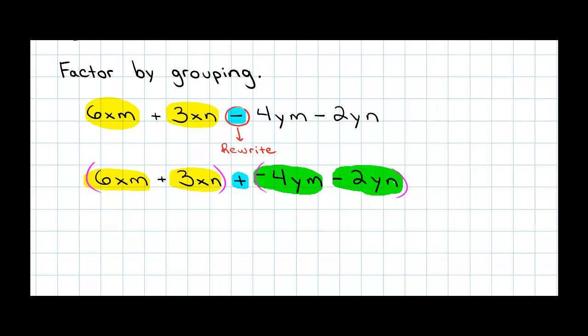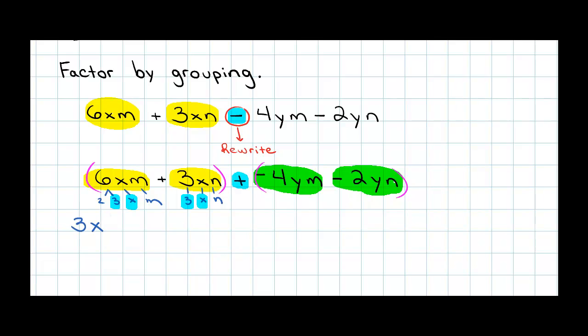Now what we're going to do is try to factor out the greatest common factor of the first 2 terms. I'm just going to quickly write out the factors of these so we can compare common factors. I can see that these 2 terms both share a common factor of 3 and of x. So that's going to be my GCF for the first 2 terms. We're going to factor out a 3x.